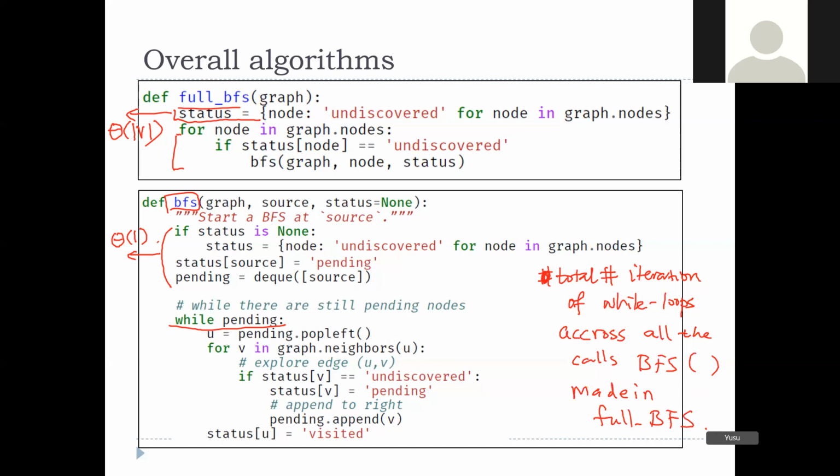Number one, I need to know how many iterations we're going to execute within the while loop. Number two, within the while loop, how much time do we take? Well, this takes constant time.